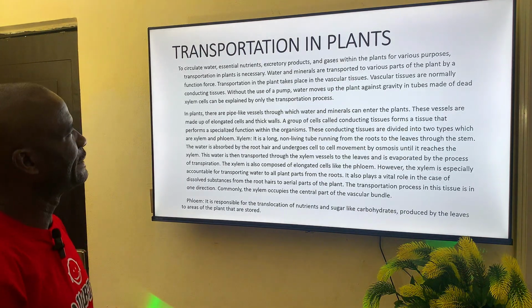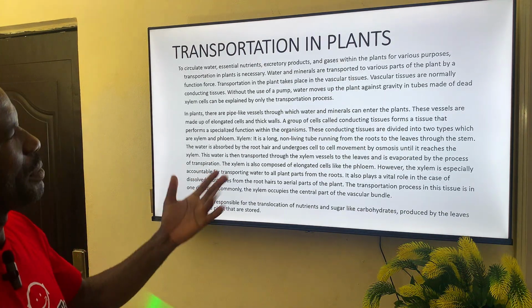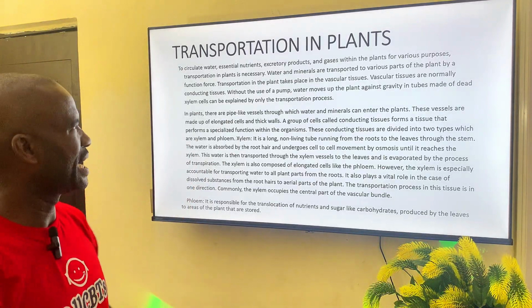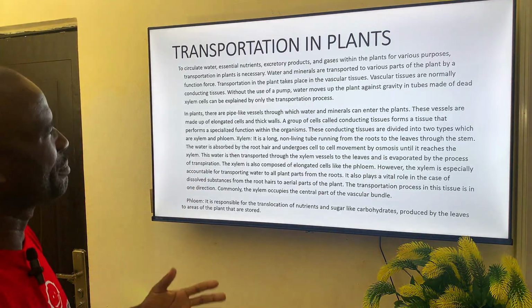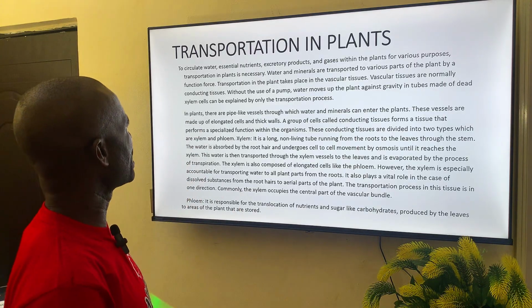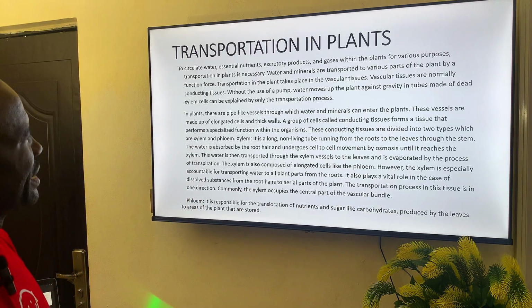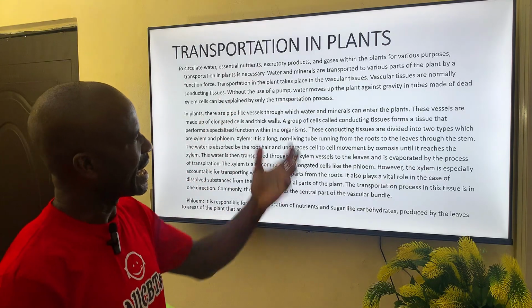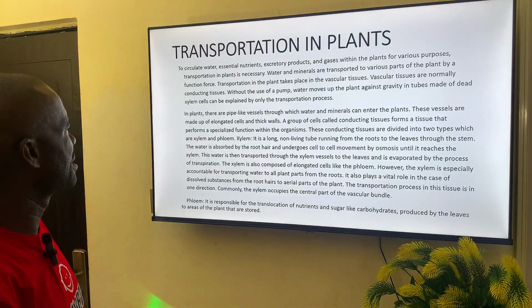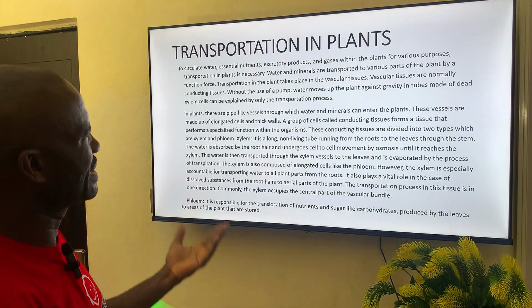Let's move ahead. Now, we have looked at transportation in animals. Let's consider plants: how the plant carries out the movement of this material. To circulate water, essential nutrients, excretory products, and gases within the plant for various purposes, transportation in plants is necessary.